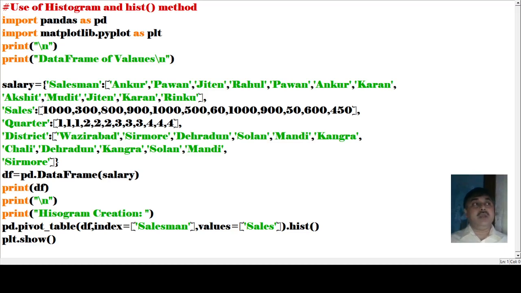So how are we creating the data frame? In this data frame we have given the salary of what? The salary of the salesman, where the name of the salesman has been given.